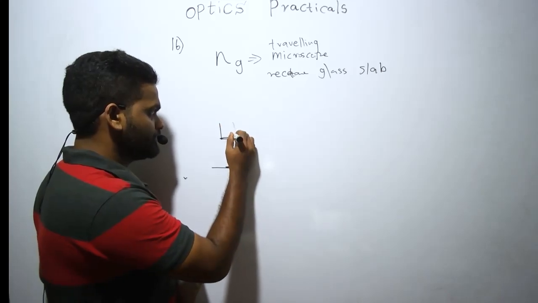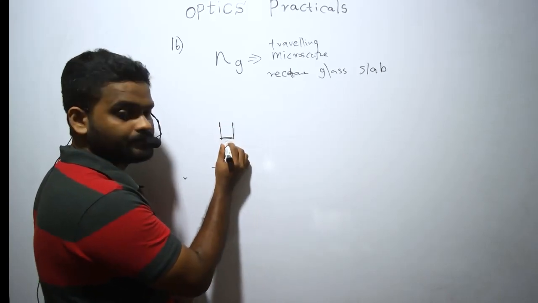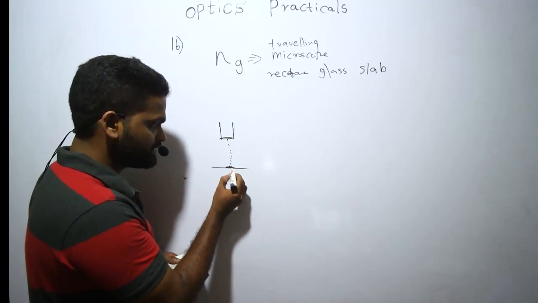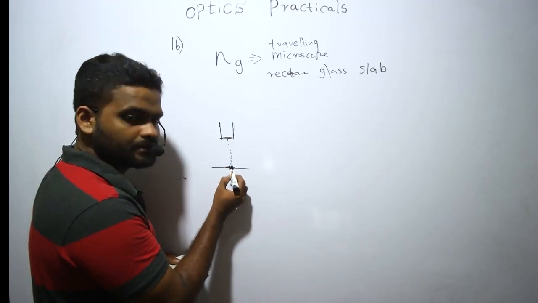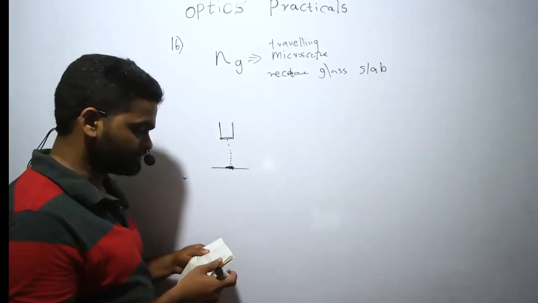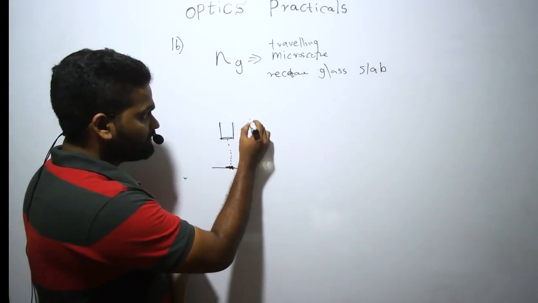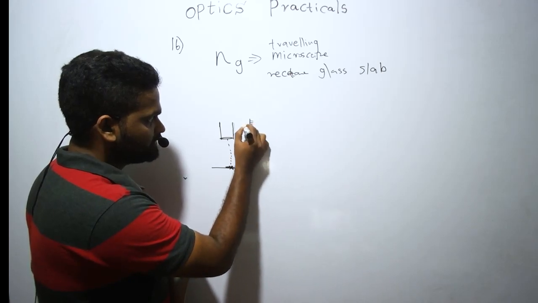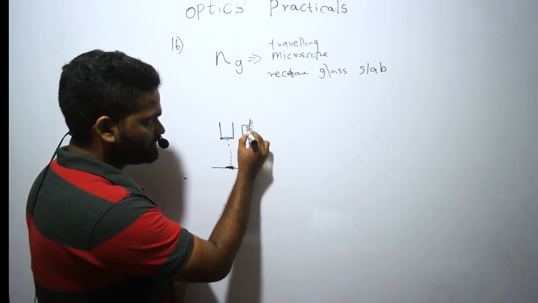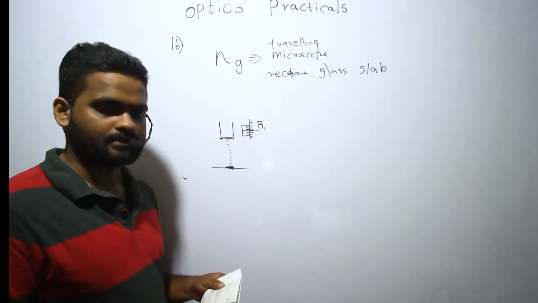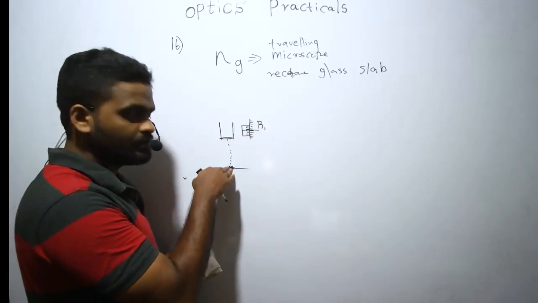Traveling microscope here. You can put a cross mark here and focus the cross mark from the traveling microscope. Then the traveling microscope has a main scale and a vernier scale. From the vernier scale, you can get the reading. Let's say R1. So this is the lowest point, right?